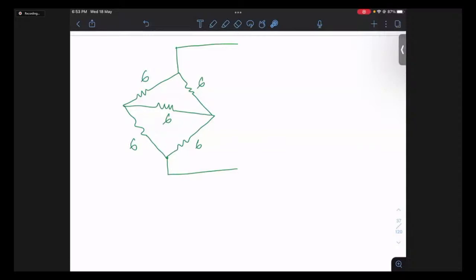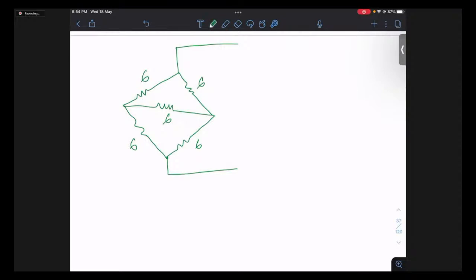But friends, remember, whenever two points are at equipotential, that means it is a balanced bridge. So in a balanced bridge, these two points are at the same potential. We say these are equipotential points. Whenever you get an equipotential case, the element between those two points can be replaced by any other element. It can be replaced by a 5 ohm resistor, a 3 ohm resistor, an open circuit, or a short circuit. It doesn't matter actually.